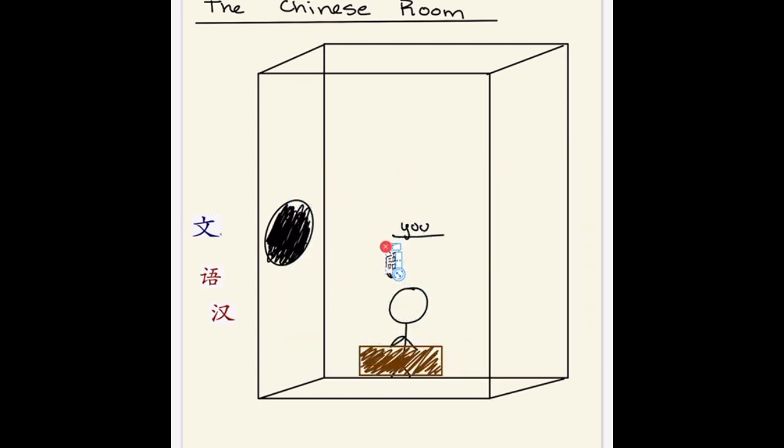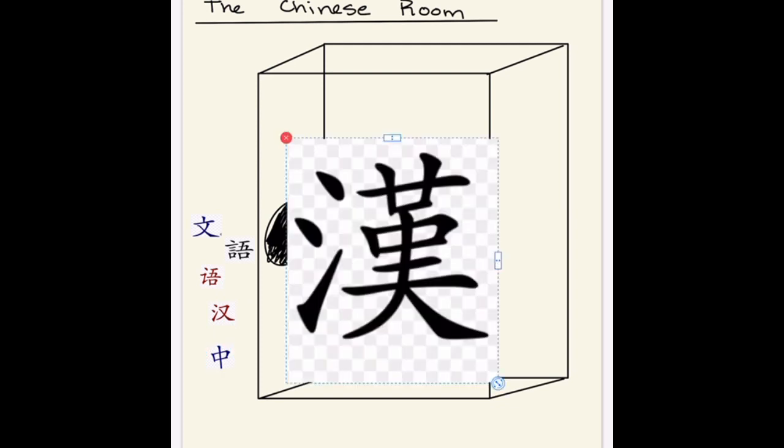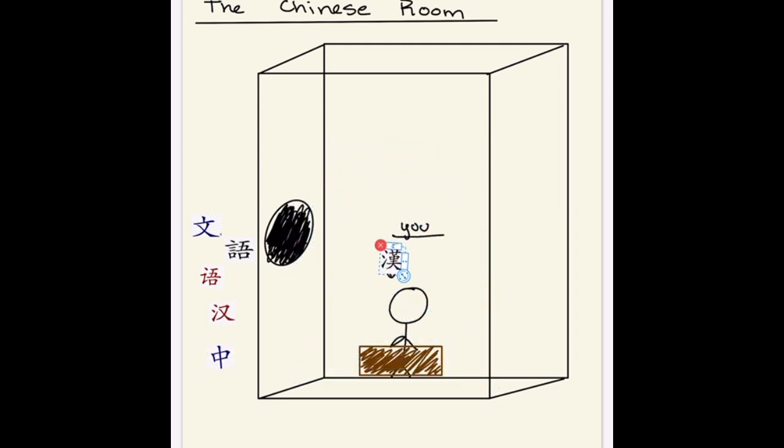And the person in the room doesn't have any understanding of these letters, doesn't know what they mean. So they're set up kind of as input, and that hole there on the side of the room is where you can imagine the input coming in.